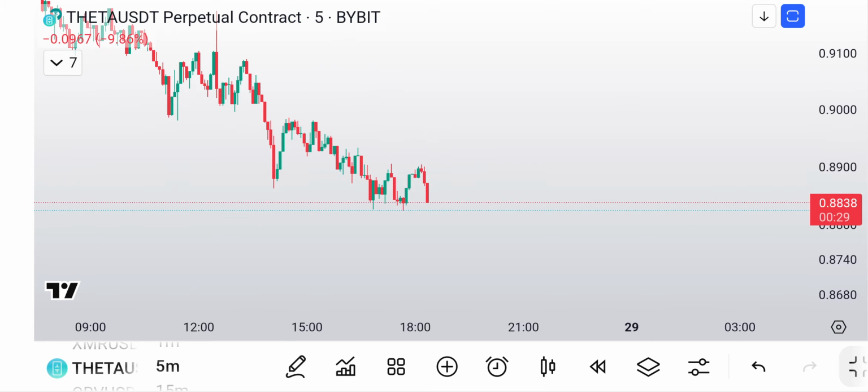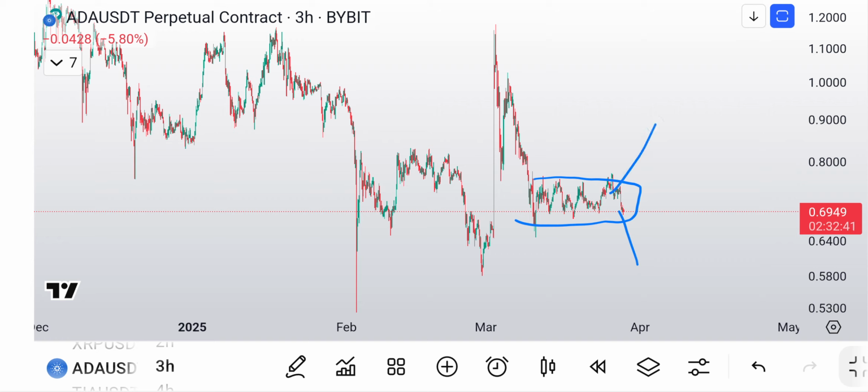All right, let's take a look at ADA here. ADA is a lot tougher because I just don't know what's going on with this range here. If it breaks down, it's probably a fake out. If it breaks up, it's probably a fake out. The market makers play both sides of the liquidity spectrum.